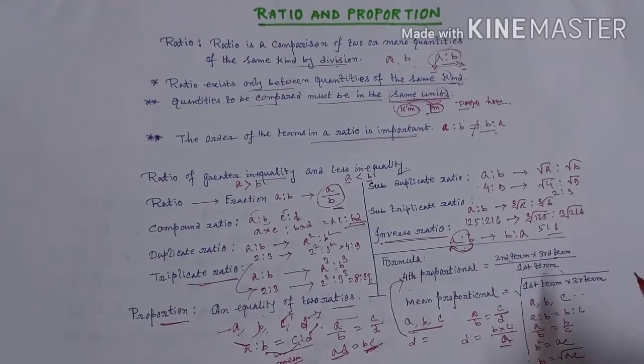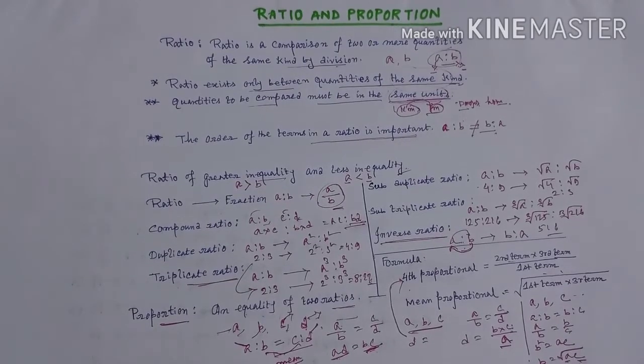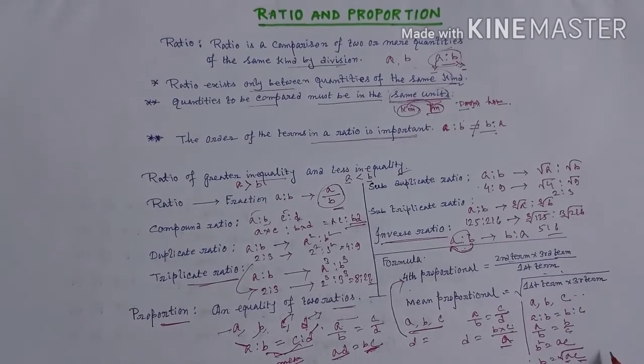That means the mean proportion is root over first term into third term. And it is a very useful formula to determine the mean proportion.